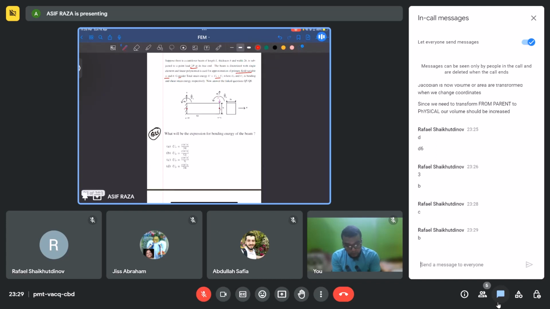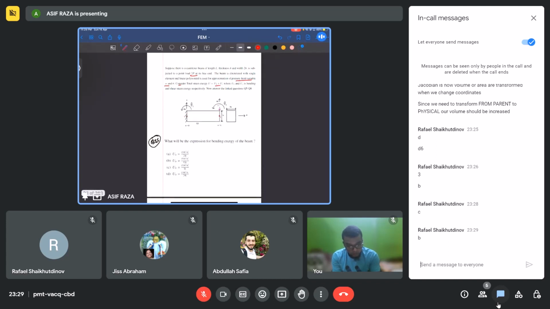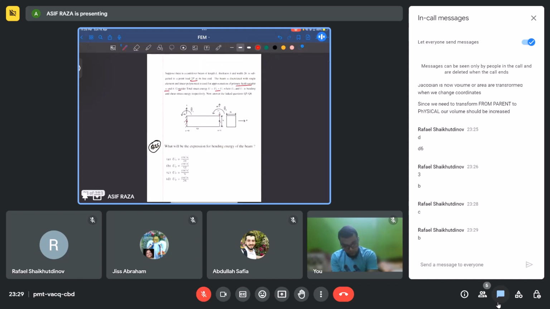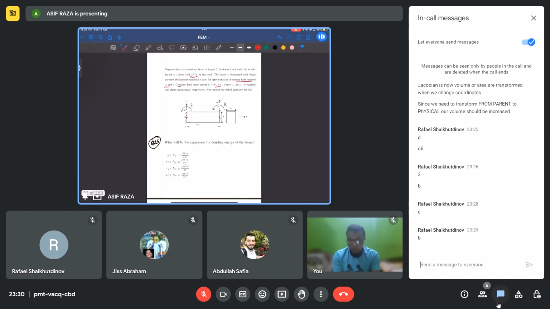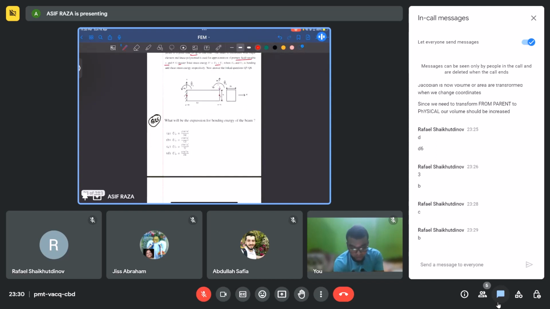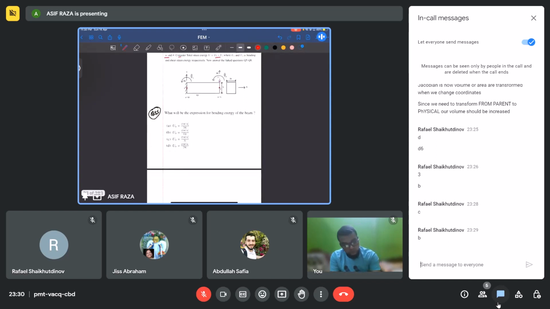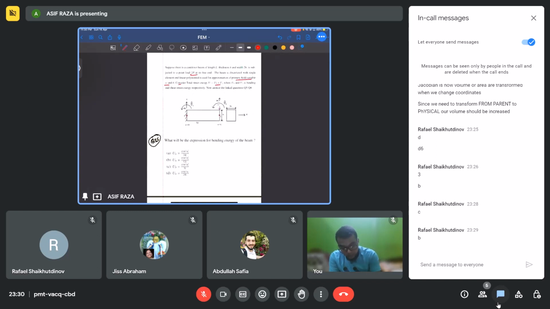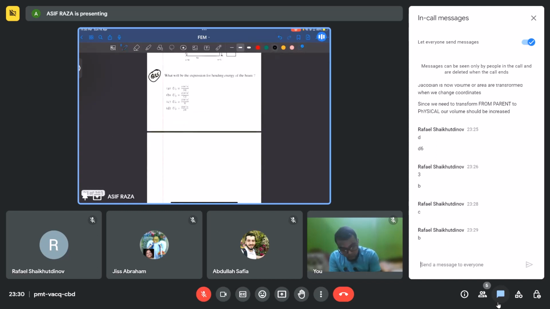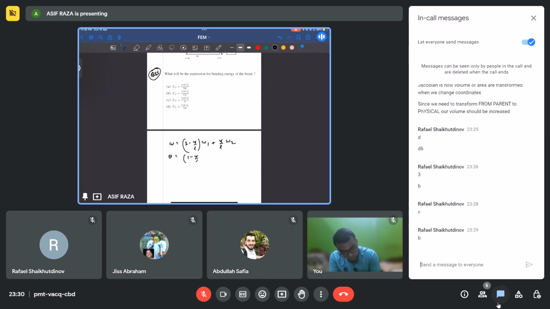Okay, so the given question is we have a linear polynomial approximation for both W and theta, and we have the degrees of freedom as W1, theta 1, W2, theta 2. First, the linear polynomial approximation is W = (1 - x/L) W1 + (x/L) W2, and theta = (1 - x/L) theta 1 + (x/L) theta 2.